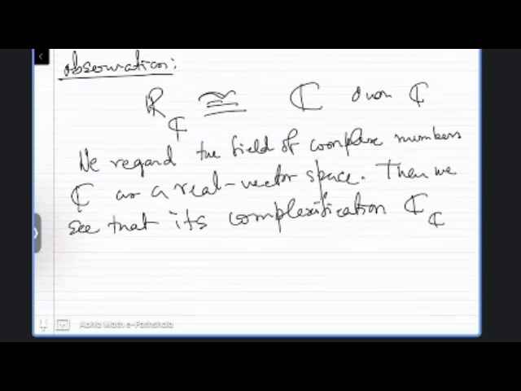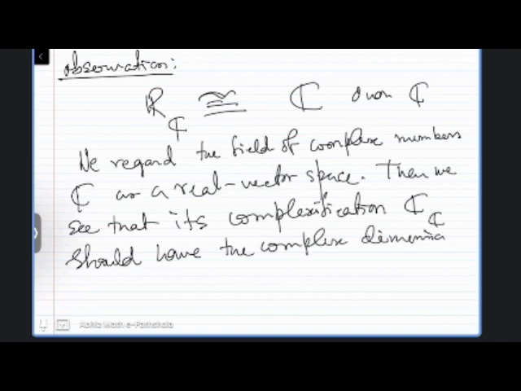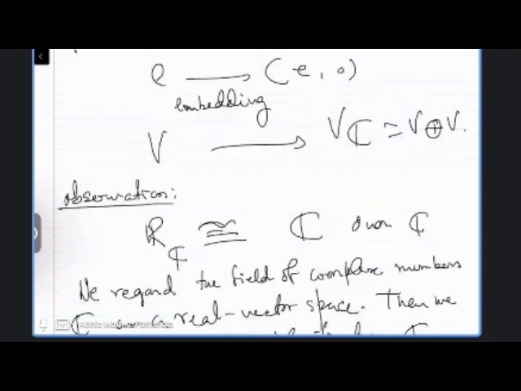This is the complexification of the real vector space C. Okay, so its complexification should have the complex dimension, right? Complex dimension 2, since why? The dimension of C over R is 2. Just by using the above theorem.